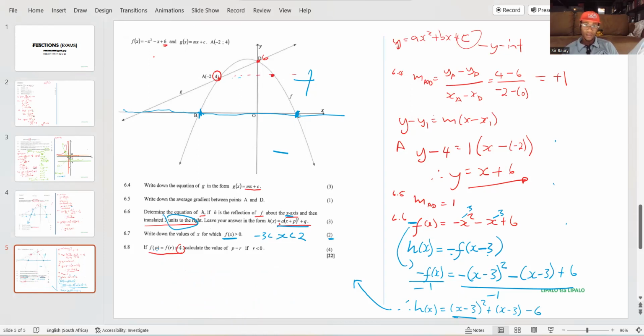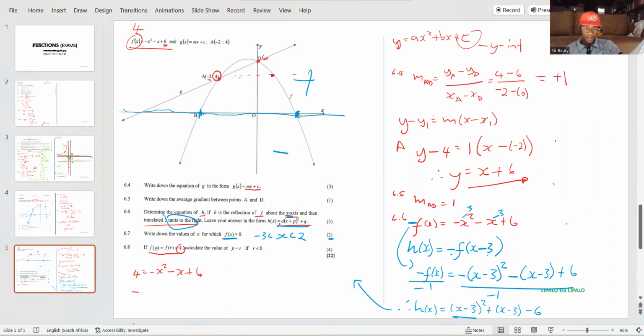right? So I can say for my function, here's my function. In the place of f of x, I place 4. So, because that's 4, I already know 1 point. There are 2 points. So I'm going to say 4 is equal to negative x squared minus x plus 6. So I'm going to take the 4 that side.